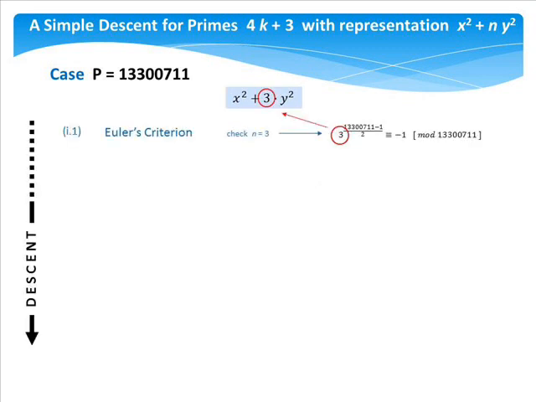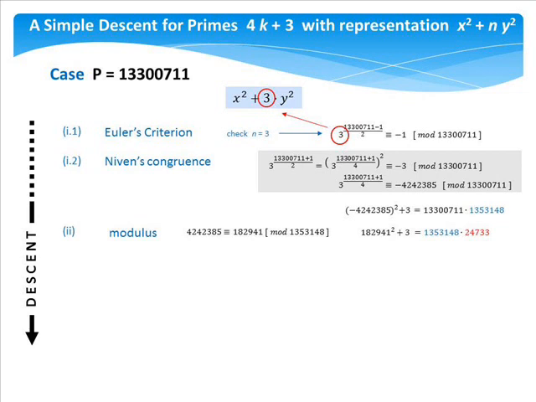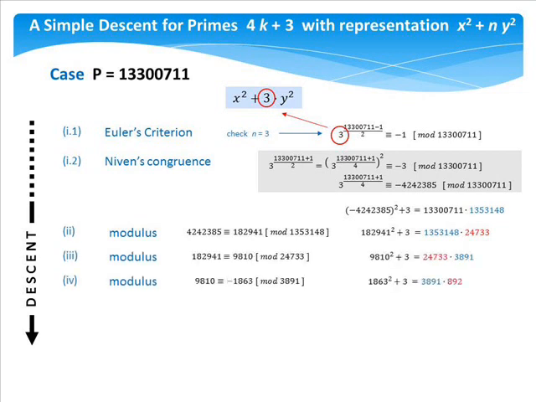We check Euler's criterion for 3. Then we apply the congruence as seen before. And so we get that 4,242,385 squared plus 3 is divisible by 13,300,711. As we got the initial equation, we can now start the simple descent, as seen in the previous section.